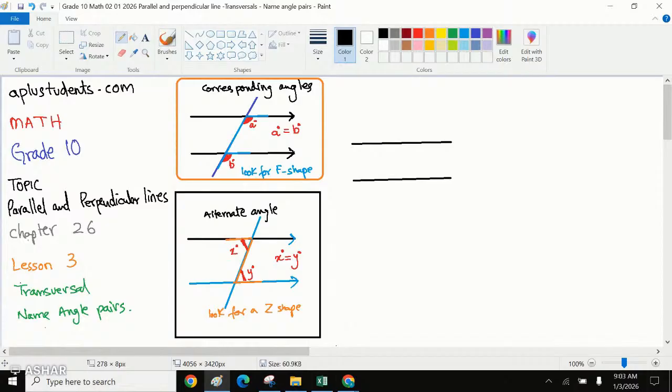And the last one is interior angles. Let's see what shape we would look for. We are usually looking for a C or a U shape. In this case, let's say there was a line intersecting these two lines, and these two lines were parallel to each other.